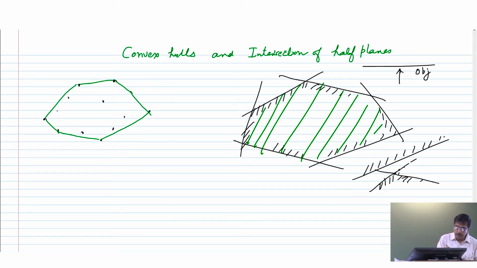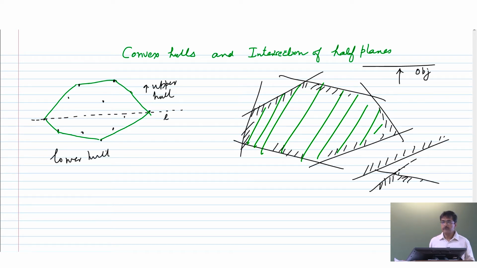You know about the upper and lower hull. If I take the leftmost point and the rightmost point and draw a line through them like this, then this portion is called the upper hull, and this portion is called the lower hull. Right? You must have seen this definition, no?